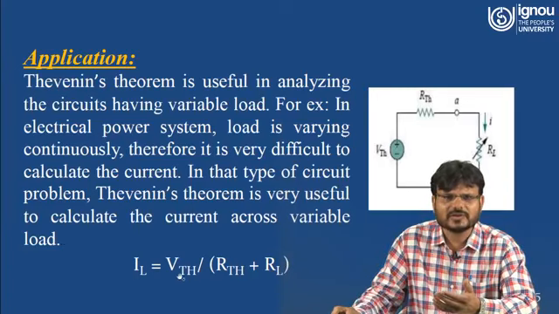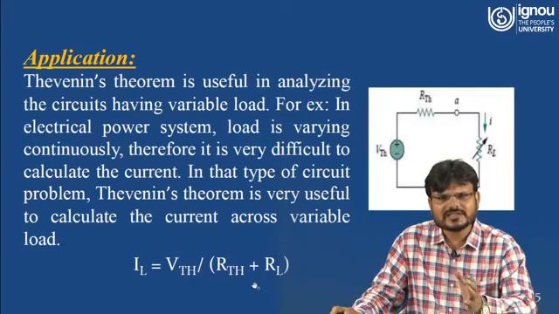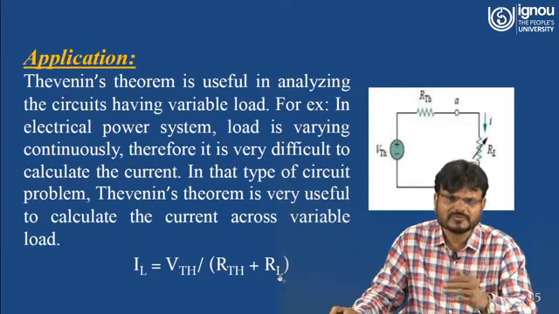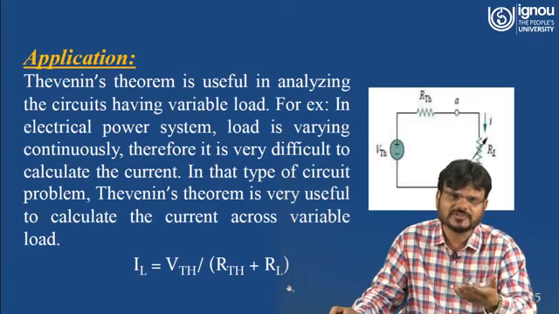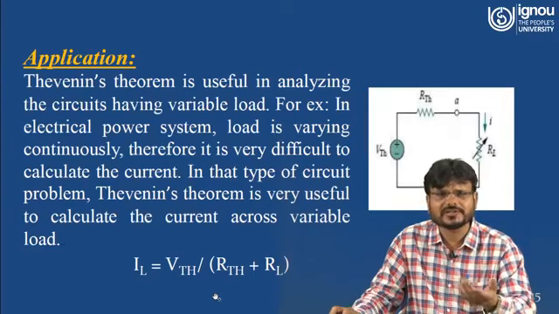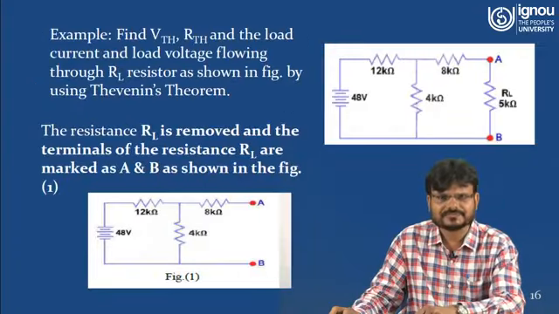So IL is equal to what? VTH upon RTH plus RL. VTH and RTH are fixed. Just change the value of the load resistance to 2 ohm, and you can easily find the load current. Then if you have to find the current at, suppose, 10 ohm, just change the load resistance to 10 ohm, and you can easily find the load current IL. Similarly, you can calculate the load current for any value of the load resistance.